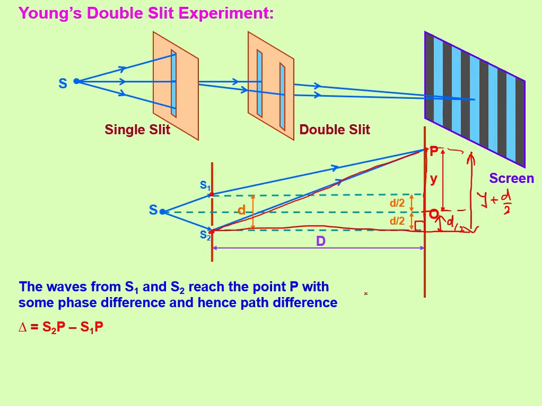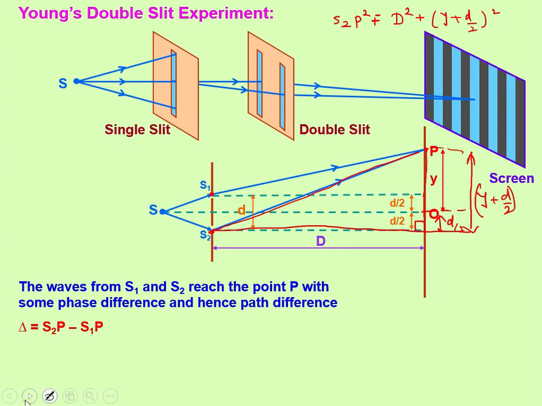If you apply Pythagoras, S2P square is equal to D square plus Y plus d by 2 whole square. Make sure this is very important. Write this down in your notebook: S2P square is equal to capital D square plus Y plus d by 2 whole square.